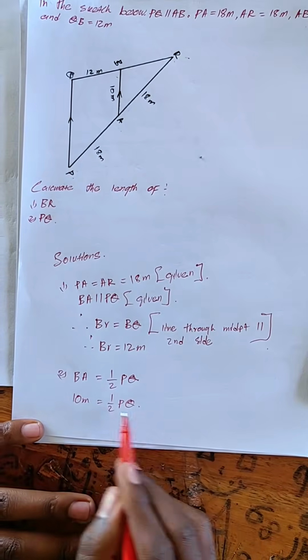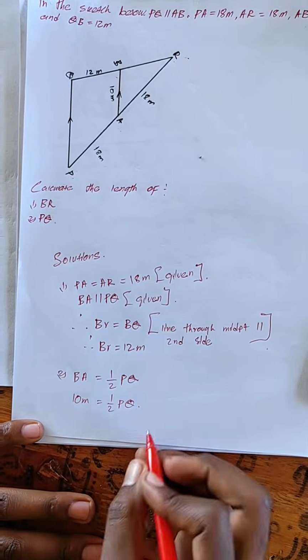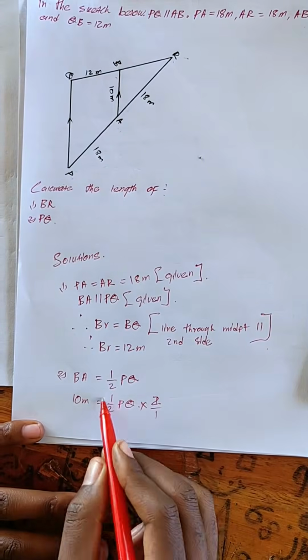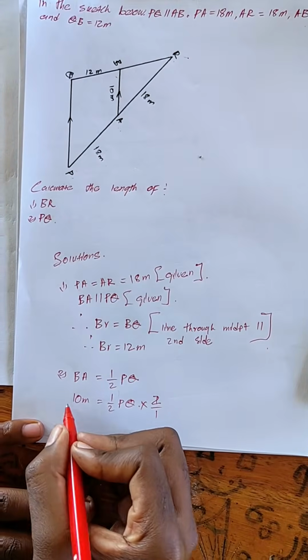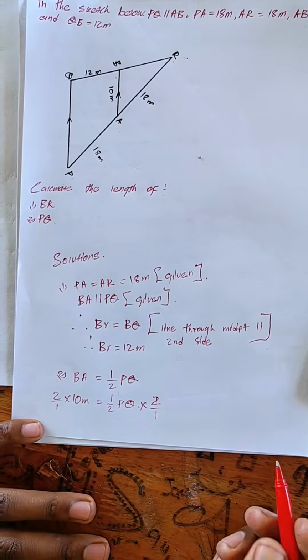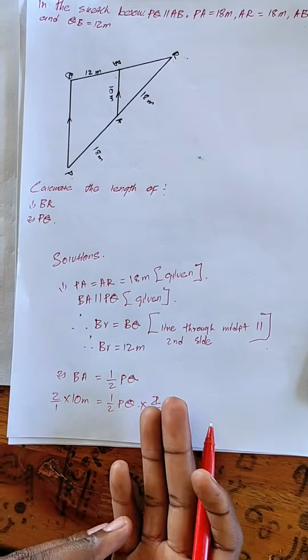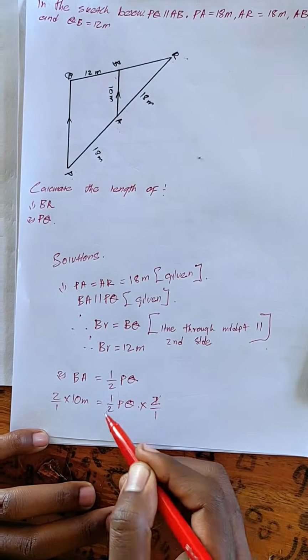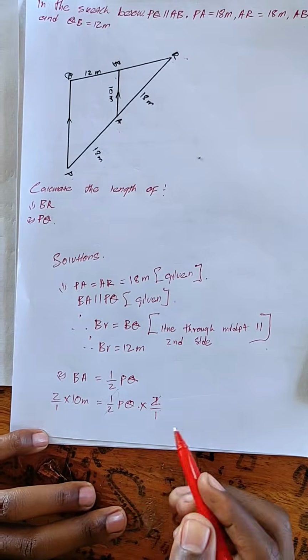Right. Now let's try to solve for PQ. You simply multiply by 2 divided by 1, which is the reciprocal of 1 divided by 2. Remember, what we do on the right, we also do on the left. So this will cancel out this, and then that will also cancel out that.